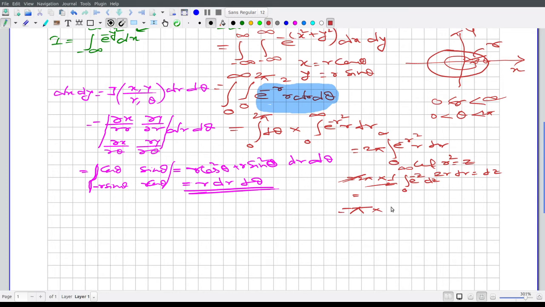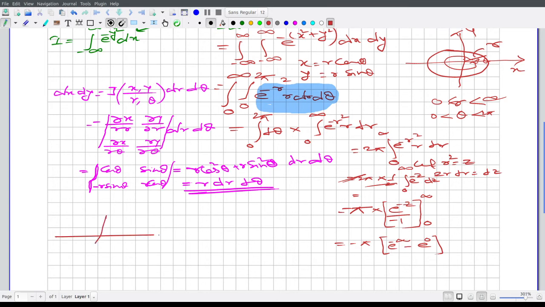So it should be the integral e to the power minus z by minus 1, from 0 to infinity, so the value becomes minus pi, take minus, e to the power minus infinity minus e to the power 0. Now we have to find the value of e to the power minus infinity.